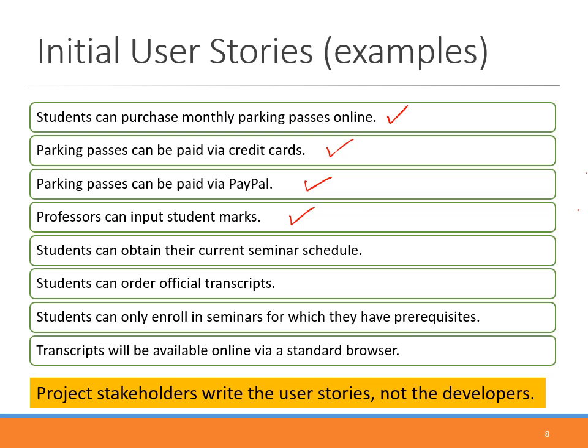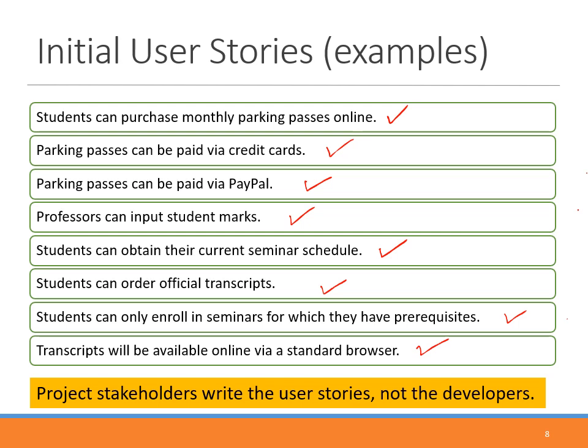And other examples: students can obtain their current seminar schedule. Students can order official transcripts. Students can enroll in seminars for which they have prerequisites. Transcripts will be available online via a standard browser. So these are sample stories.